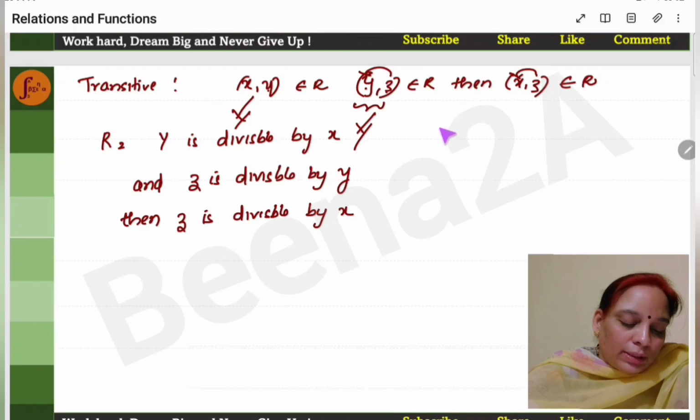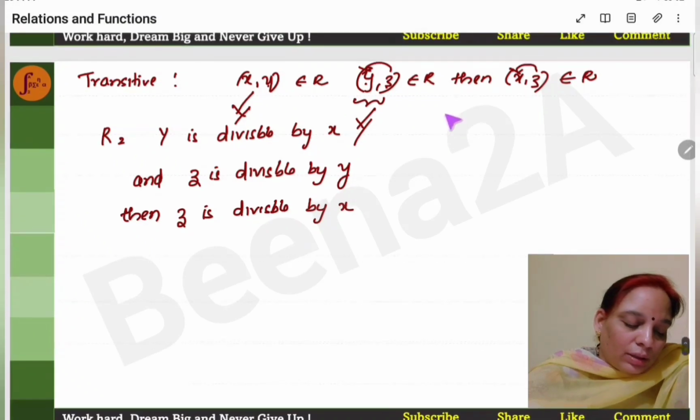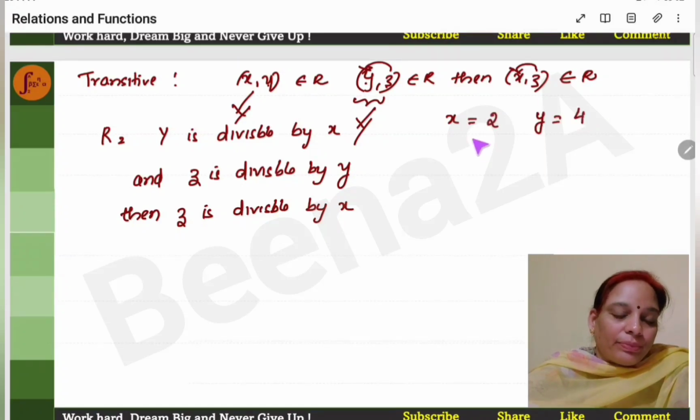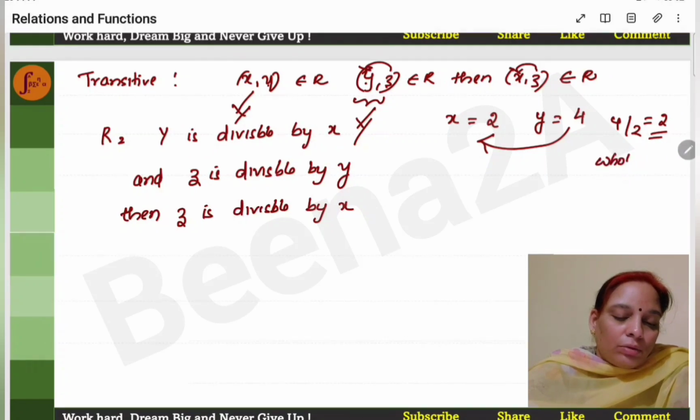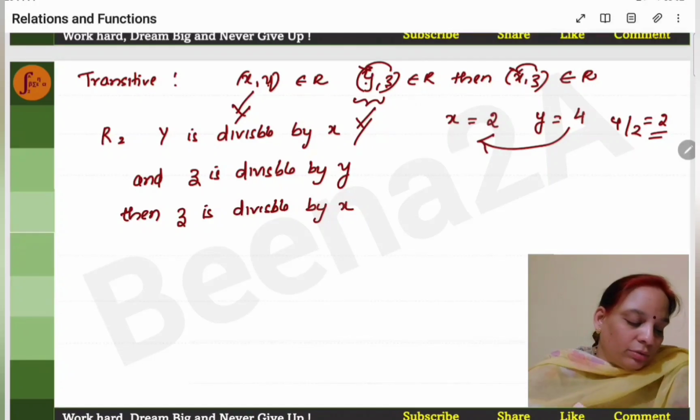So, let's take X as 2, Y as 4. So, can I say 4 is divisible by 2? That is 4 by 2? Yes, 4 by 2 is 2. It's a whole number. That means it is divisible. 4 is divisible by 2.